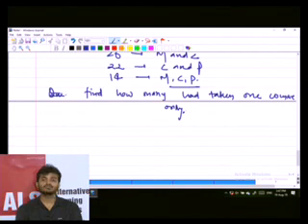So basically you have to tell me the count of the students who have taken only mathematics, only physics and only chemistry.